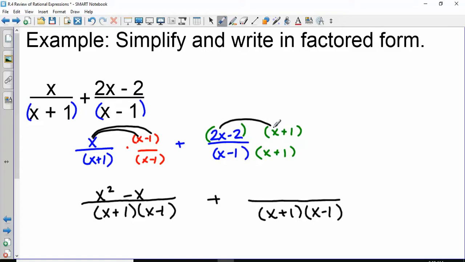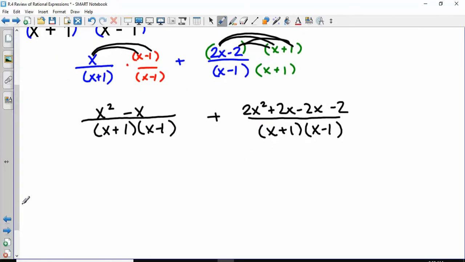Okay, for here, if I start FOILing, we get 2x squared plus 2x minus 2.